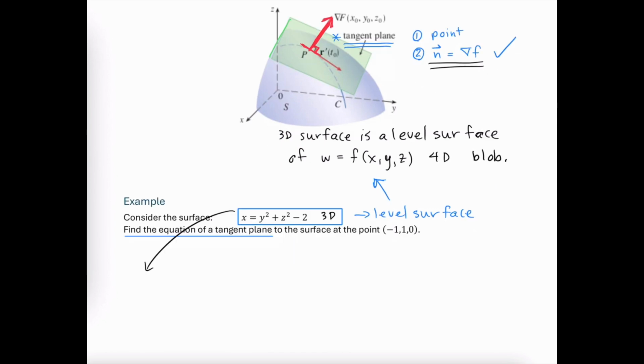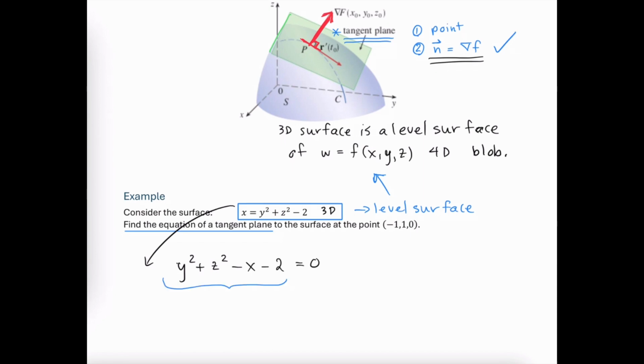What we're going to do is set this equal to 0 by subtracting x from both sides. So we'll have y squared plus z squared minus x minus 2 is equal to 0. We can say that all the terms on the left-hand side make up that four-dimensional function, and our original surface is the level surface for this four-dimensional equation when the altitude, or the output, or the range element is equal to 0.